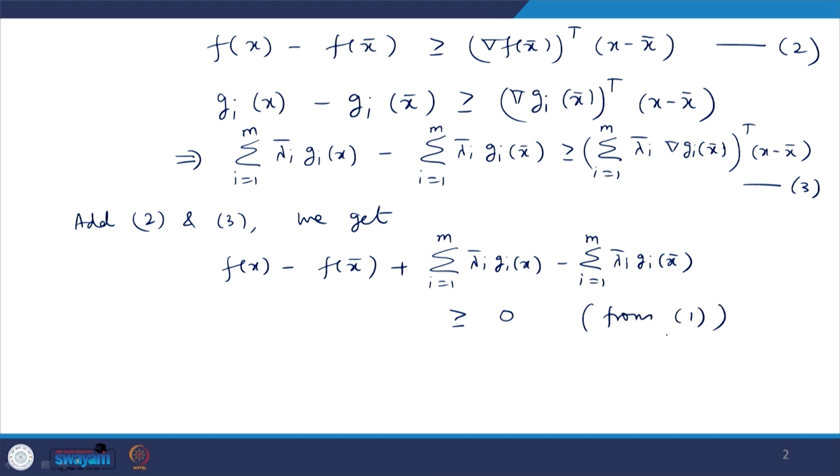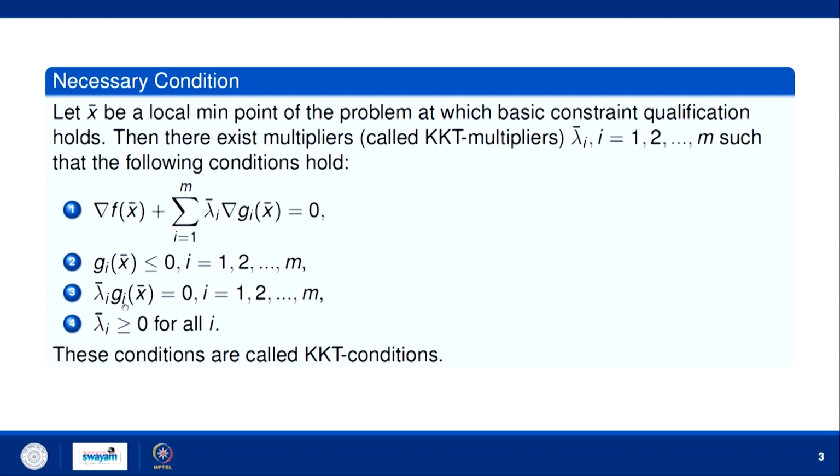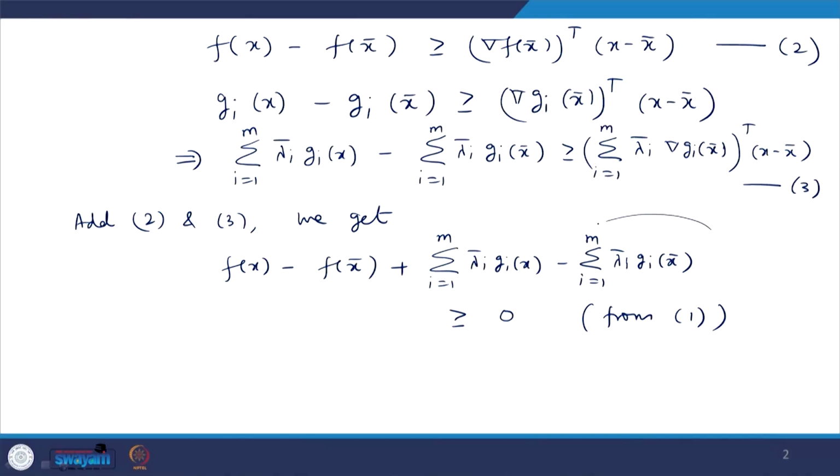Now, again go to the KKT conditions: lambda_i g_i(x bar) is equal to 0 for all i. If it is 0 for all i, that means the sum is also 0, because it is lambda_1 bar g_1(x bar), lambda_2 bar g_2(x bar) and so on up to lambda_m bar g_m(x bar), and all are 0.